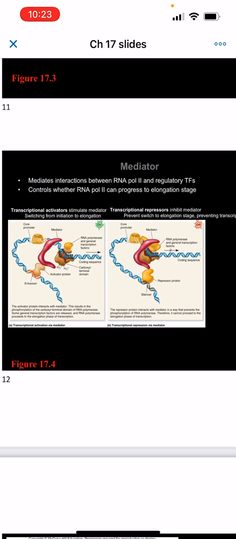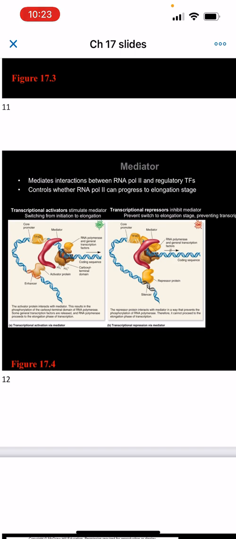So now that you have the basics of how regulatory transcription factors work, we need to talk a little bit about how regulatory transcription factors themselves might get regulated. All right? Like, how does the cell tell the regulatory transcription factors what to do? Okay?